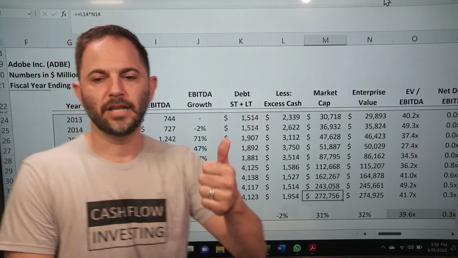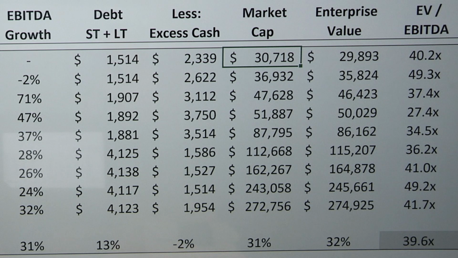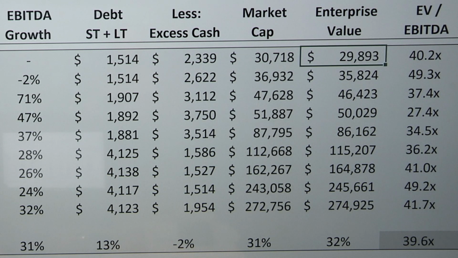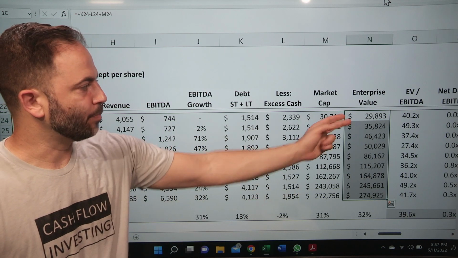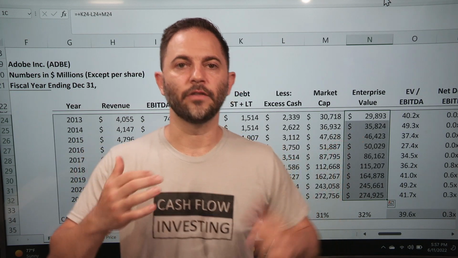Market cap, shares outstanding times price, average price, $30 billion to $272 billion. Add the debt, less the cash, plus the market cap, I get enterprise value. Enterprise value is the entire value of the business. Again, my analogy, think of a home.